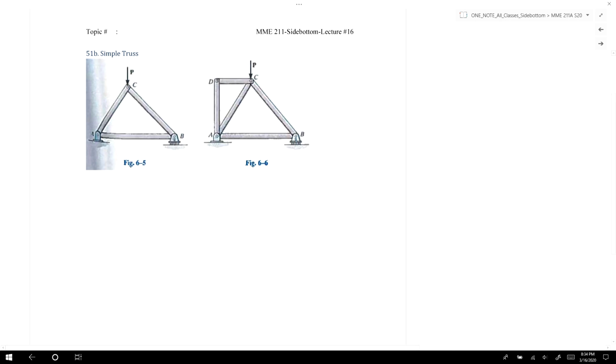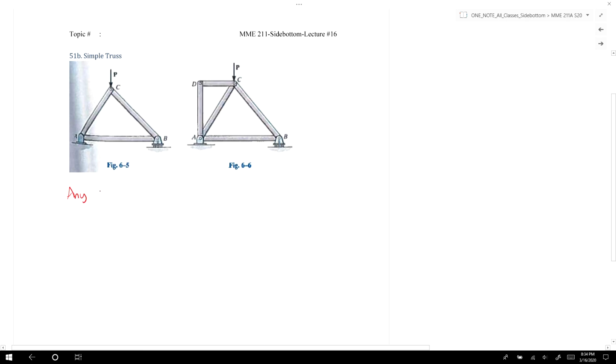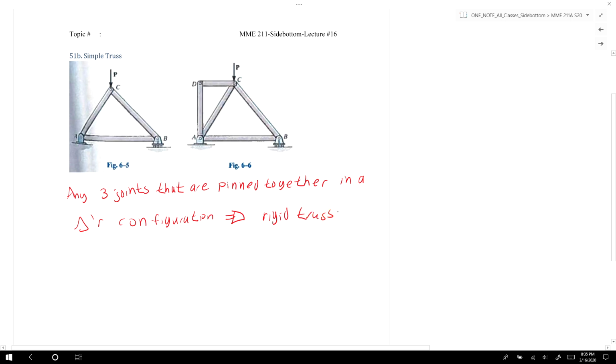If you have any three joints that are pinned together in a triangular configuration, they will form a rigid truss. If we look at this example here, figure 6.5, that's the simplest example of a rigid truss.